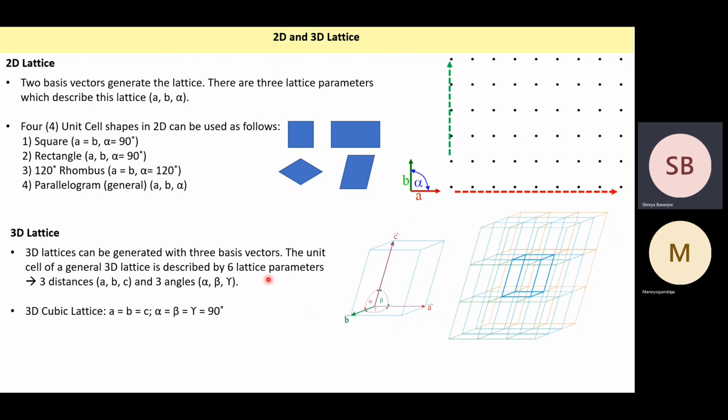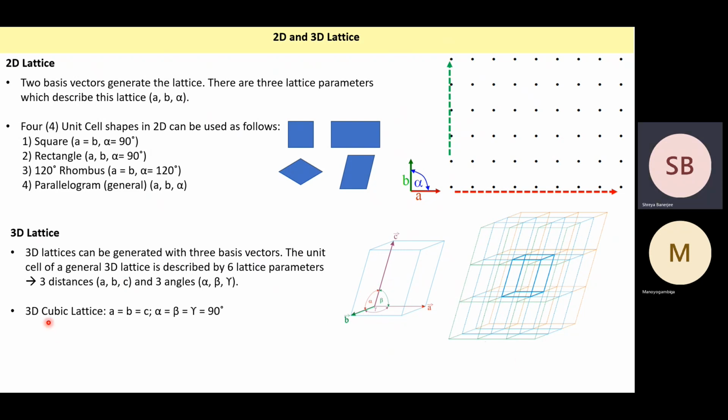And it is defined by 6 lattice parameters: 3 distances, A, B, and C along X, Y, and Z axes, and 3 angles, alpha between B and C, beta between A and C, and gamma between A and B. So if you know A, B, and C, and alpha, beta, and gamma, you can construct the entire lattice.